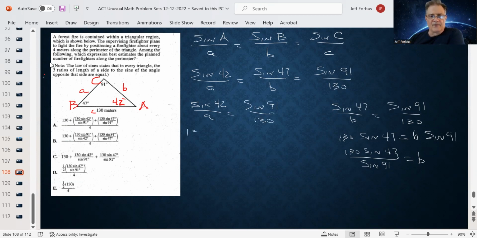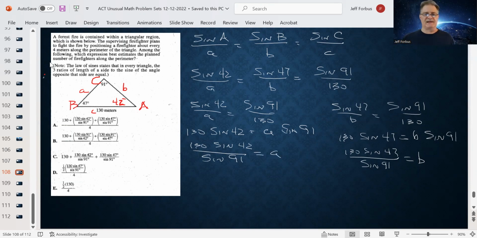You'll get 130 sine 42 is equal to A times the sine of 91. Divide by the sine of 91: 130 sine of 42 divided by sine of 91 is equal to A. So we know what A and B is, and we know what C is.